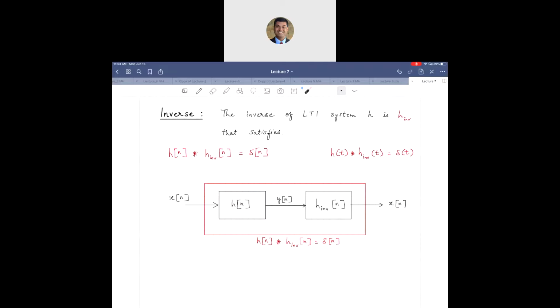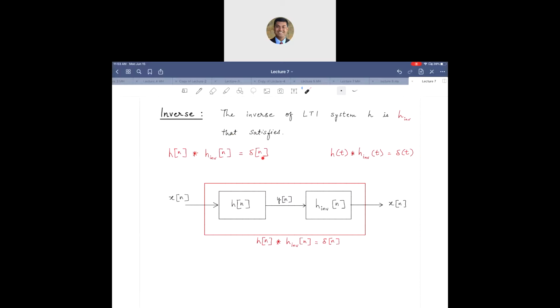The inverse of a LTI system. This is a very interesting topic. If I know the impulse response of a system, H, can I find out the inverse of that system? Something that does the exact opposite. So the inverse of the LTI system, H, we are defining it as H subscript inv that satisfies h of n convolved with h inverse of n should give you an impulse.